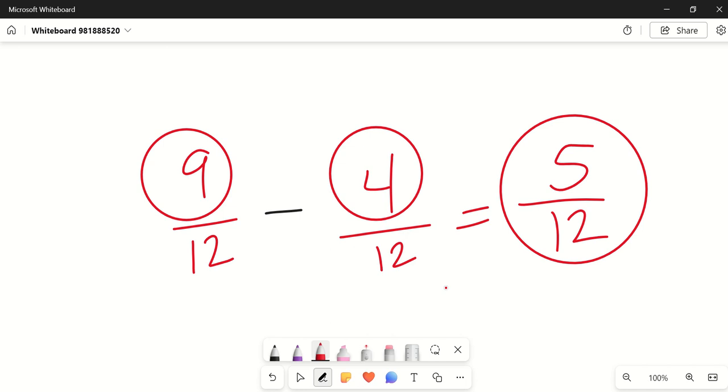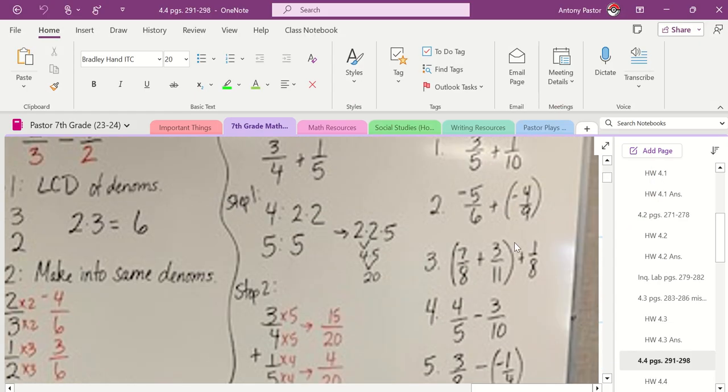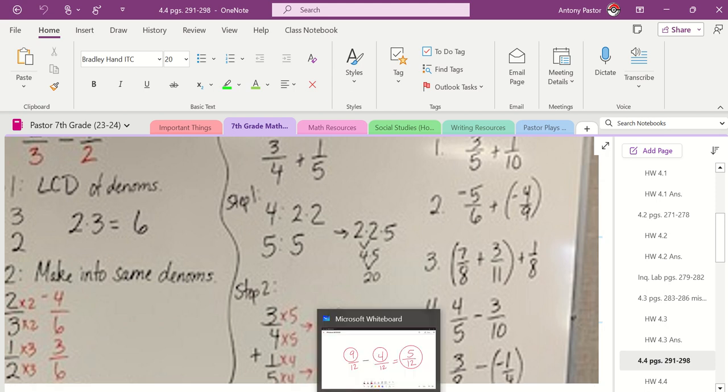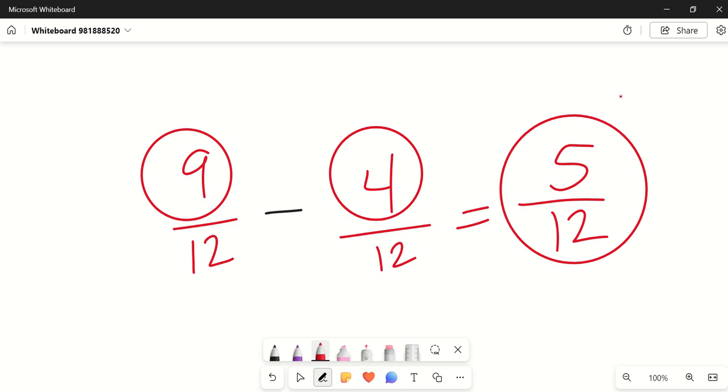Ignore the parentheses. Find the easy way out. That big question where we had 3 numbers, way easier if we just added the 1/8 and the 7/8 and it became 1. If you have multiple fractions that you're adding or multiplying, look for like fractions first. And then don't forget that you always need to simplify your answer.